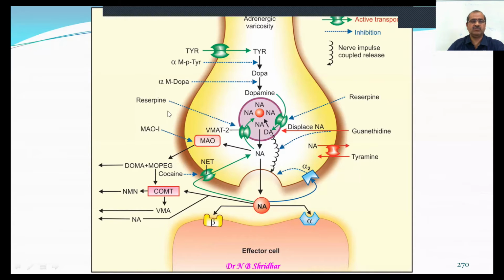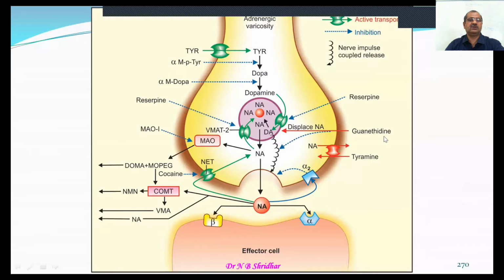Reserpine inhibits the vesicular uptake of norepinephrine into the storage vesicles, and hence it is made a substrate for monoamine oxidase enzymes. Reserpine also depletes norepinephrine, as it inhibits the inward movement of norepinephrine into the vesicle.